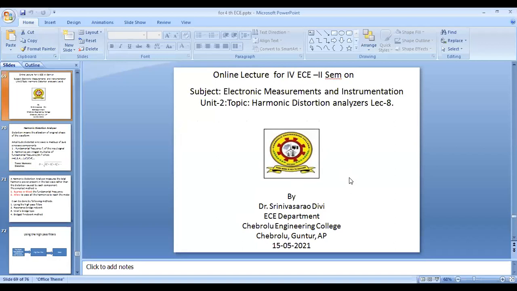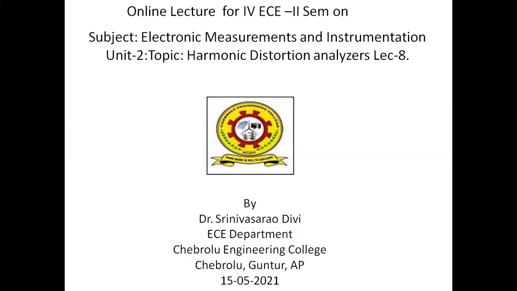In the previous session, we discussed different wave analyzers for analysis of signals in a given frequency range. Wave analyzers are used to analyze the frequency signals for the desired frequency range.